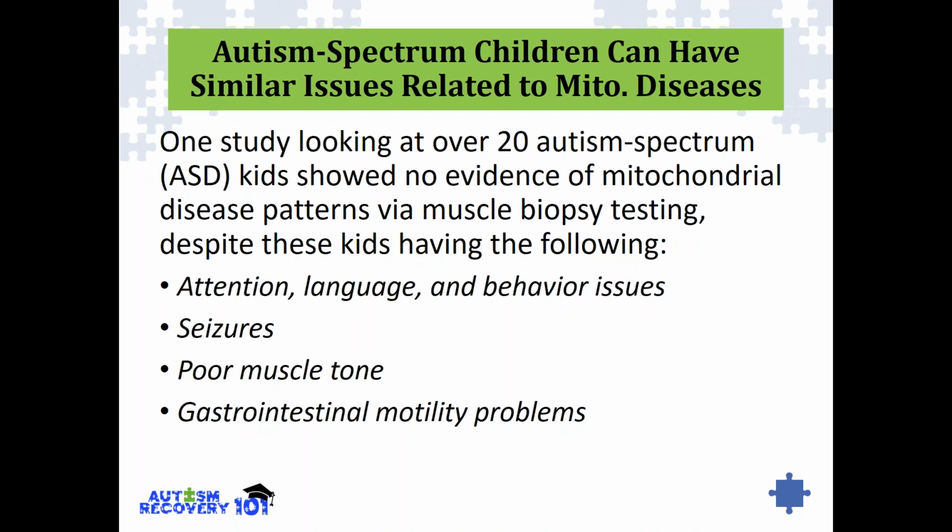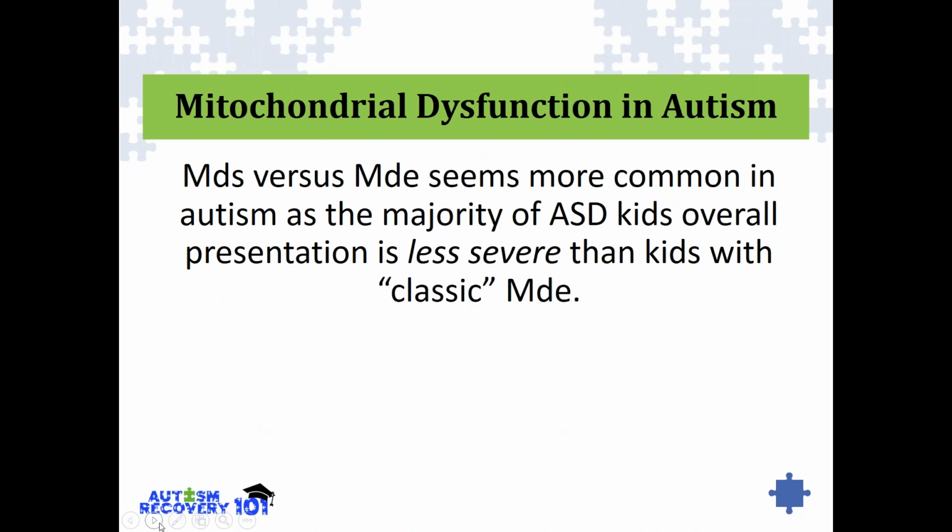The autistic kids had them as well, but they didn't have any evidence of testing to confirm that. And the reality is that the difference between mitochondrial dysfunction in autism and true mitochondrial disease is the severity. The dysfunction is just less severe than classic mitochondrial diseases.